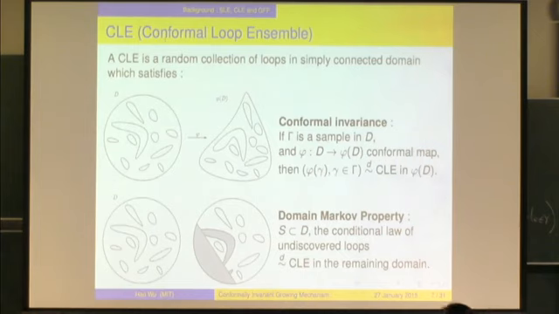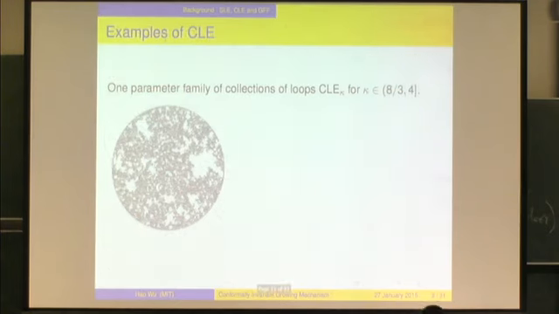And again, the same as before, this domain Markov property is a natural property from discrete models. Another remark is that the combination of conformal invariance and domain Markov property is quite strong, and the reason is similar as before. In fact, we can show that there exists only a one-parameter family of simple loop collections that satisfies both conformal invariance and domain Markov property, and we call it CLE kappa, for kappa between 8/3 and 4.